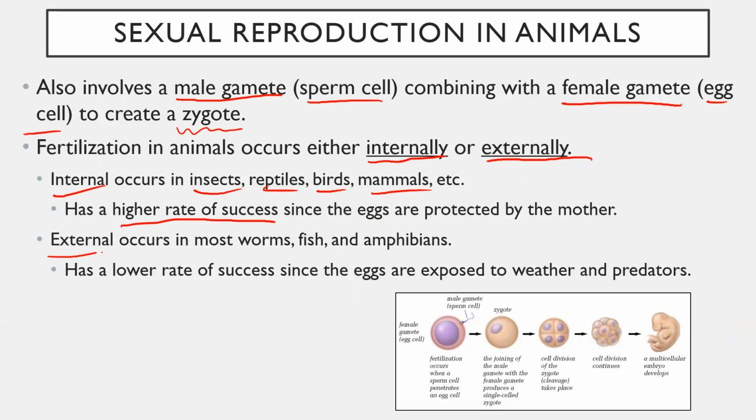Now, external occurs in most worms, in fish, and in amphibians. And this has a lower rate of success since the eggs are exposed to weather and predators. But the reason that external exists in worms, fish, and amphibians is that you can lay a lot more eggs and can fertilize a lot faster, right? So there are benefits to both.